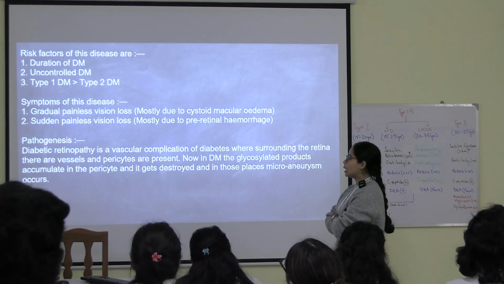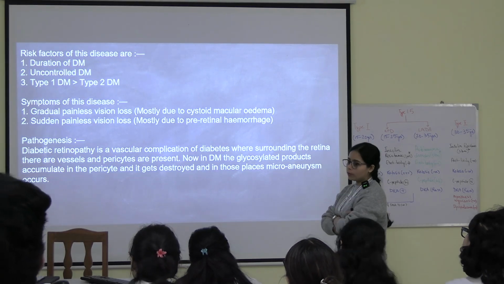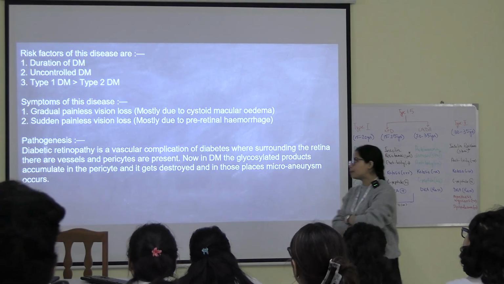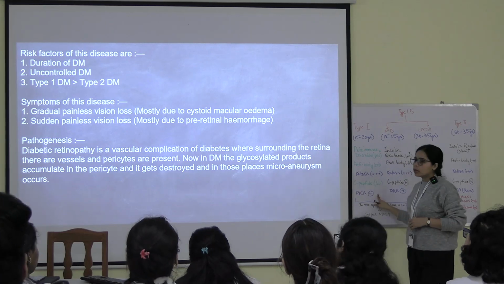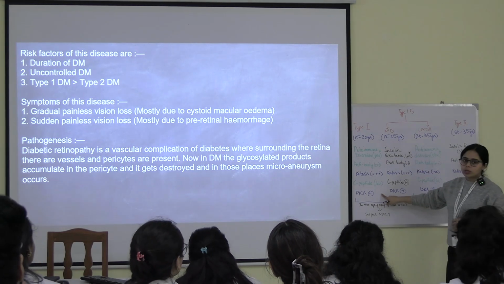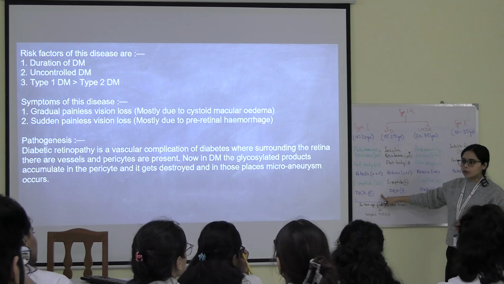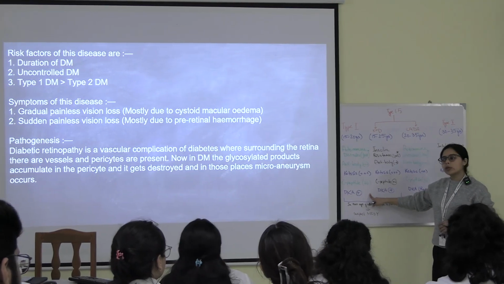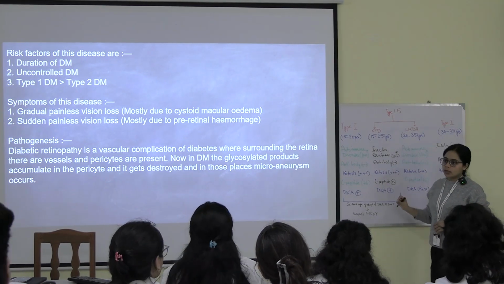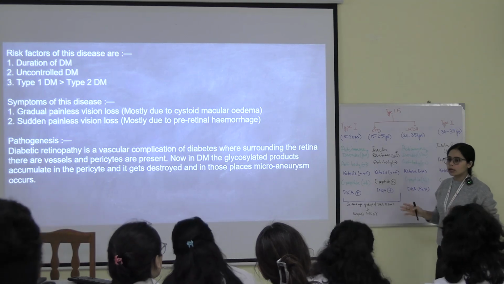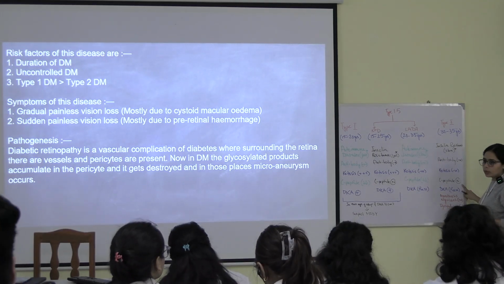Then type 1 DM are more prone to developing it compared to type 2 DM. The presentation was severe with DKA, so they can present with diabetic retinopathy as well. The onset is sudden compared to type 2 DM. Okay.